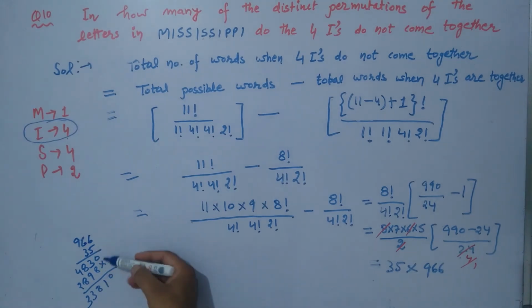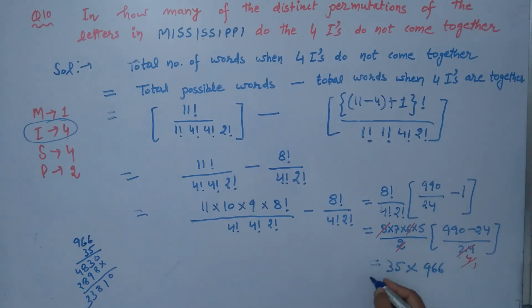So we multiply 966 into 35, which comes to be equal to 33,810 ways. So this is the required result.